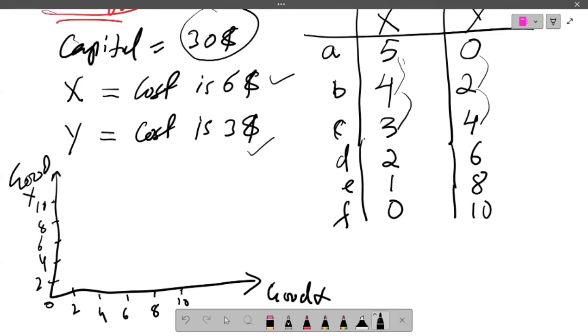The first possible combination: at 0 Y, we are producing 5 units of X. And when X is 0, we can produce 10 units of Y. So if we draw this diagram, it becomes a straight line. And when does PPC become a straight line? When there is a constant opportunity cost.